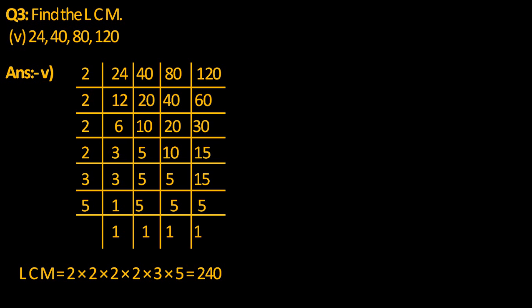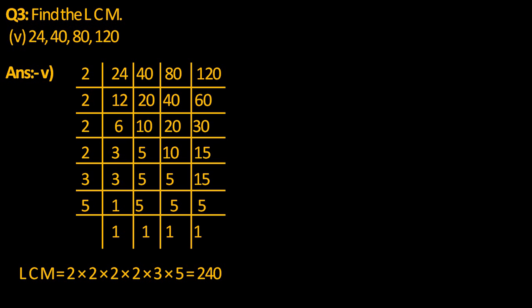Divisible by 2, 2 6s are 12, 2 10s are 20, 2 20s are 40, 2 30s are 60. Again, 6, 10, 20, 30. Divisible by 2. 2 3s are 6, 2 5s are 10, 2 10s are 20, 2 15s are 30. Now, again one more 2.